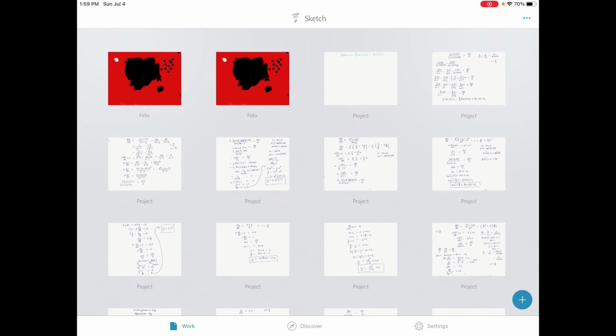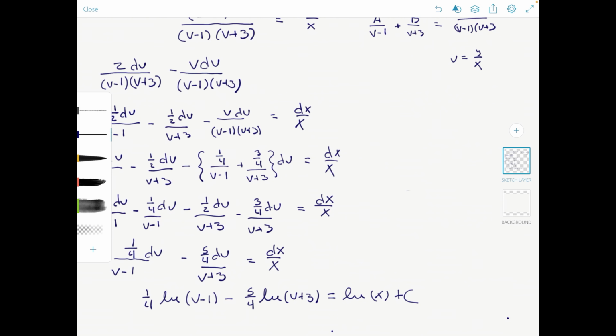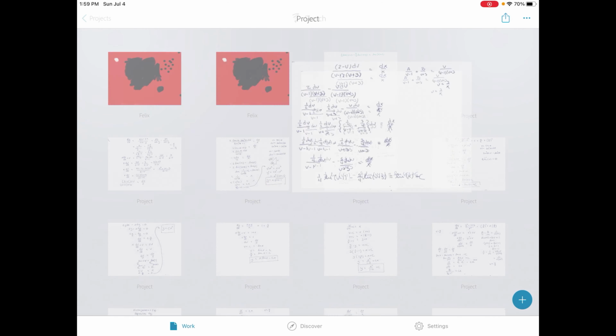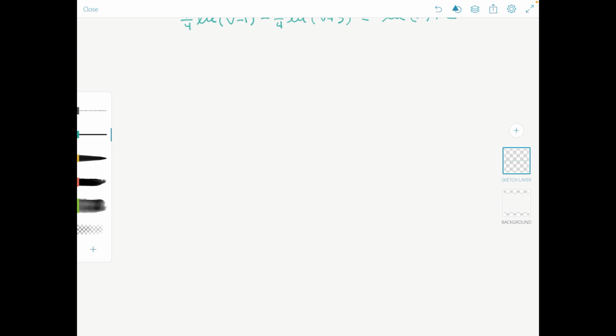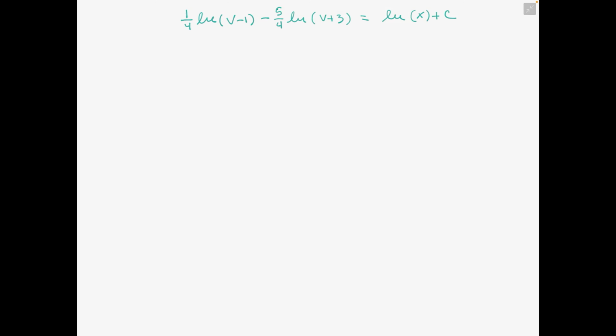Was that the right equation? Let's go back and check just to make sure. 1/4 minus 5/4. Okay, that should do it. Okay, that's the equation. All right, so we now have to put these into, okay, this is correct.